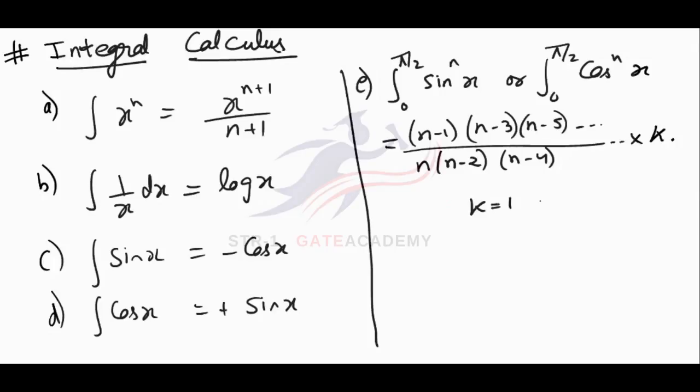K is equal to 1 if n is odd, and k is equal to pi by 2 if n is even, right?